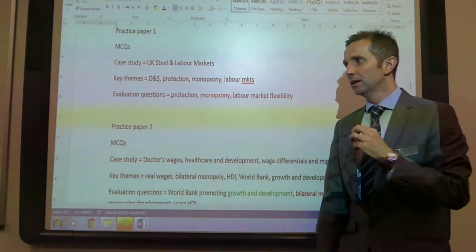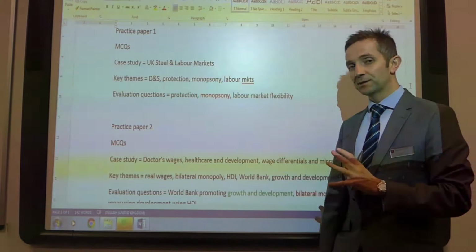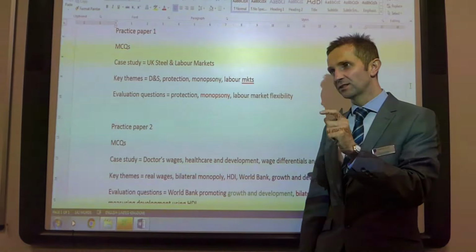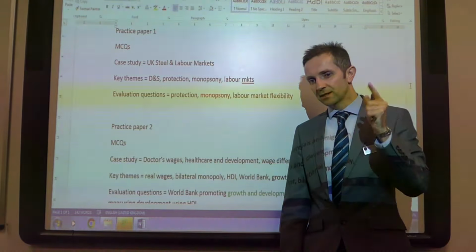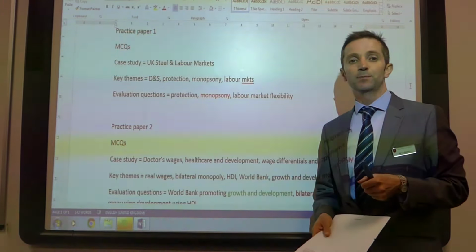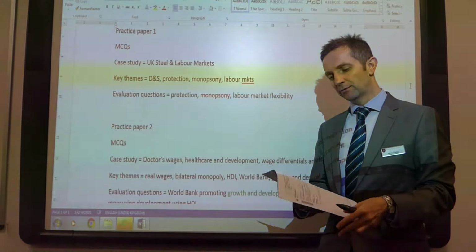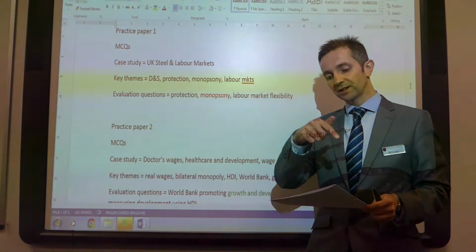Maybe for this one, once we've seen the micro and macro, we can eliminate areas of the specification which have been assessed and say that X, Y, and Z is more likely to be assessed in the paper 3 themes.